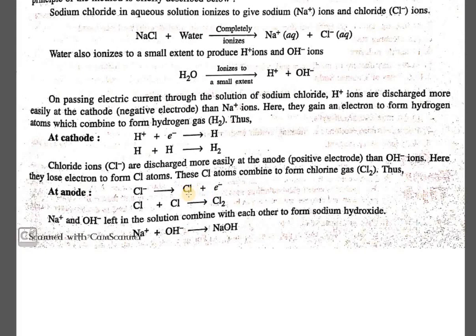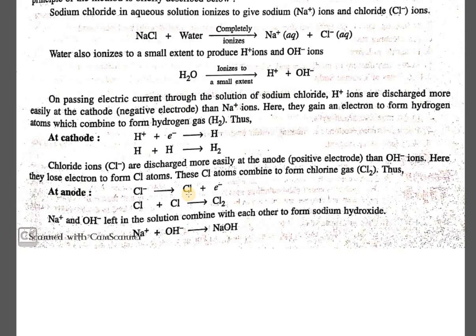I hope you are able to understand how it is written, because in class 9 you have been told about the structure of atom. So chlorine, when it has only 7 electrons in its outermost shell, accepts one electron for gaining stability and for fulfilling its octet. So from chlorine it becomes chloride by accepting one electron.